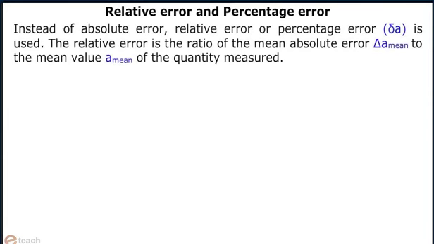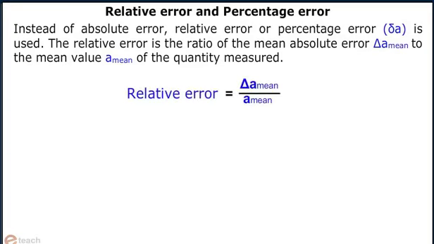Relative error and percentage error. Instead of absolute error, relative error or percentage error is used. The relative error is the ratio of the mean absolute error, delta a mean, to the mean value a mean of the quantity measured.